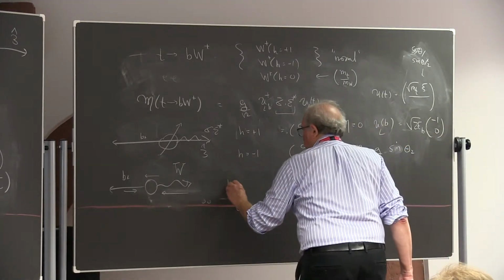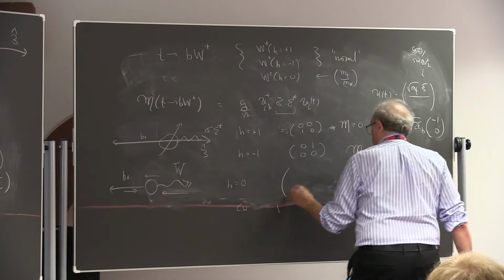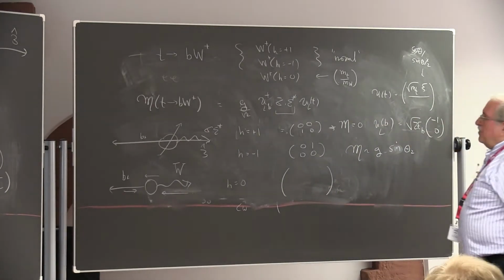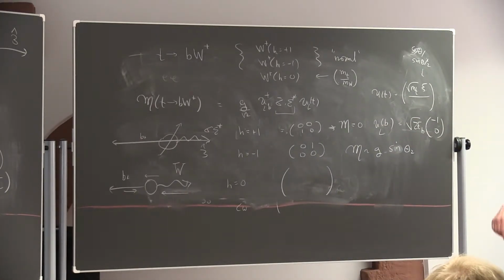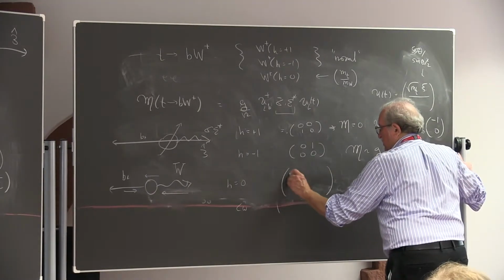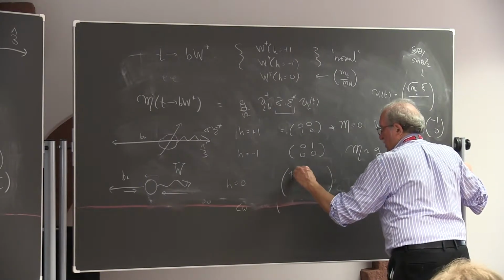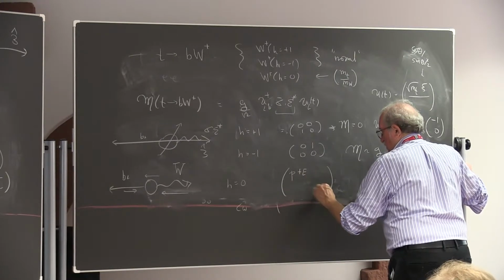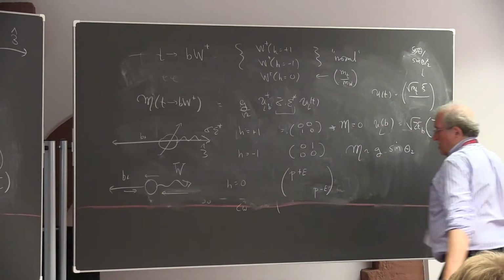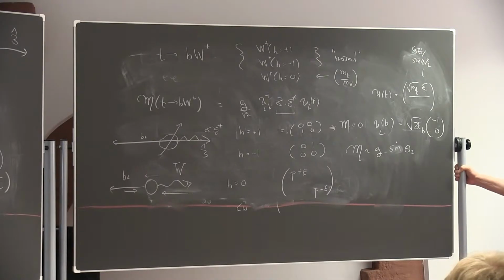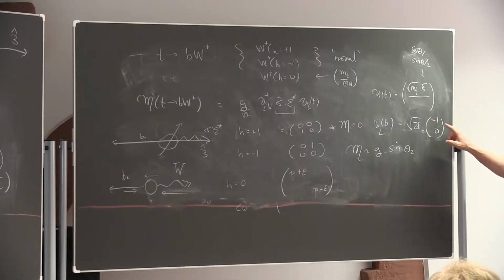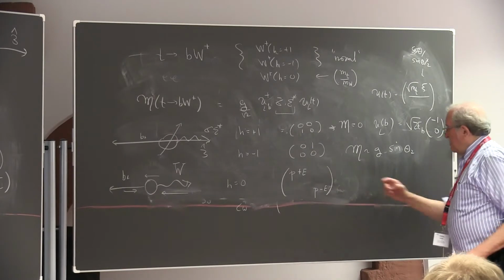Now finally, h equals 0. Okay, well, looking at the vector over there, there's some p's here. There's a plus e and a minus e here. The b will overlap with this contribution.